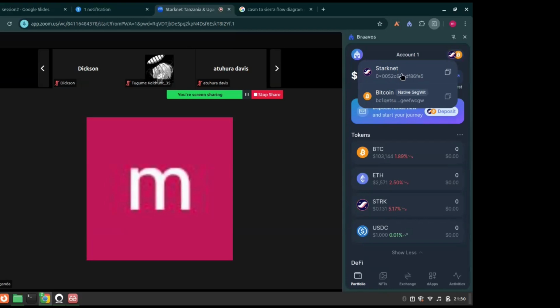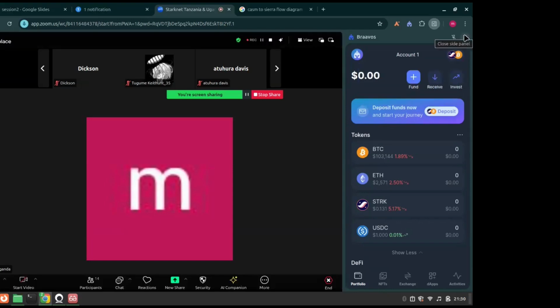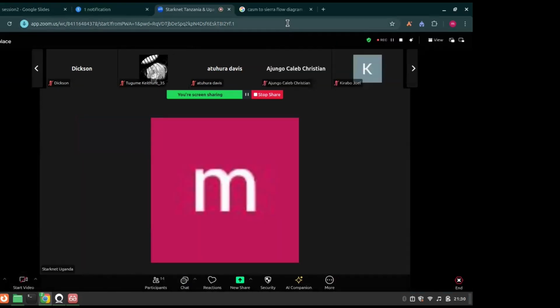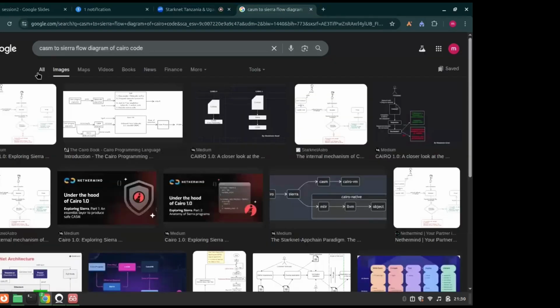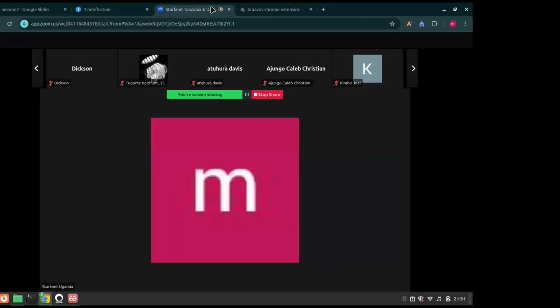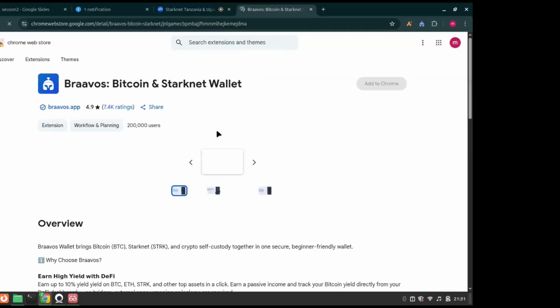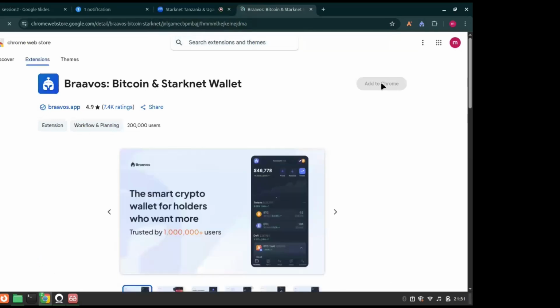So for those of us who haven't yet installed Braavos, let me just show it to us right here. You can install the Braavos wallet as a Chrome extension. So it's this right here. If you didn't have it, it will tell you add to Chrome. But since I have it, I don't want to reinstall it.